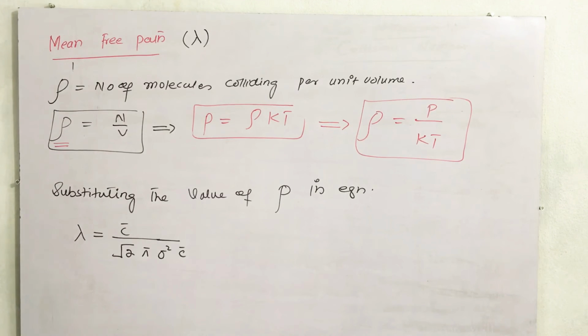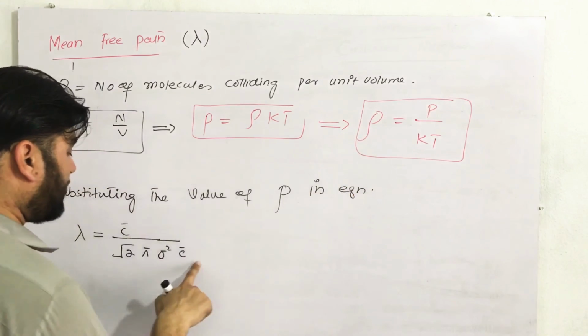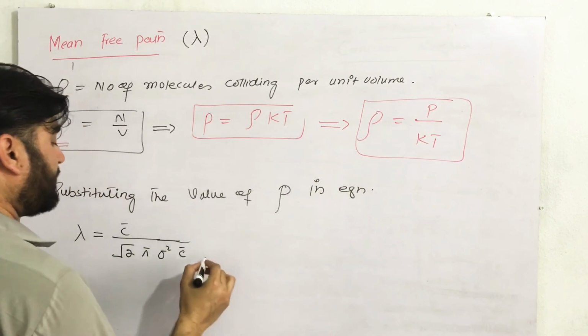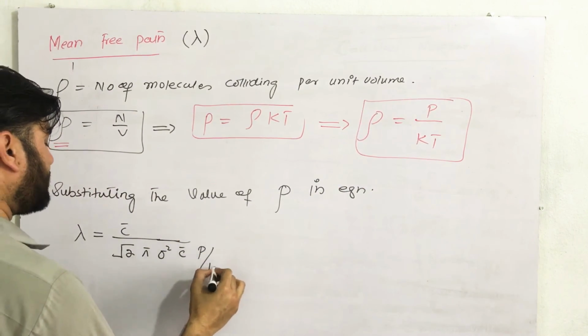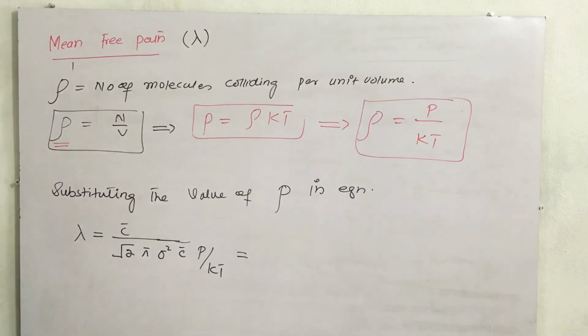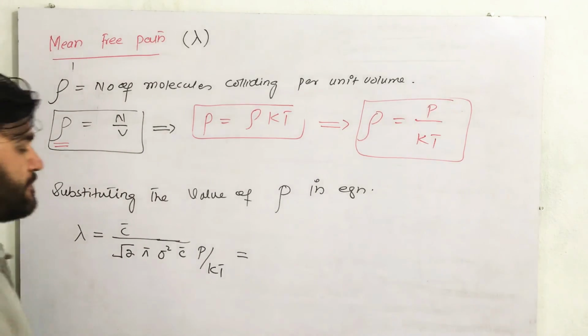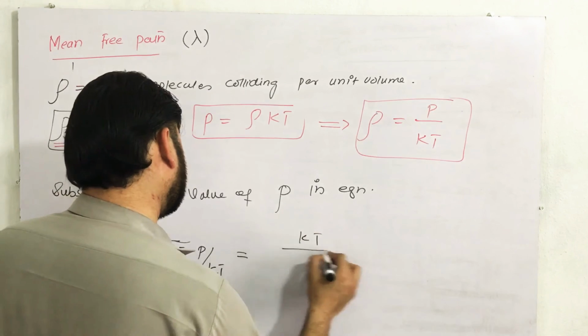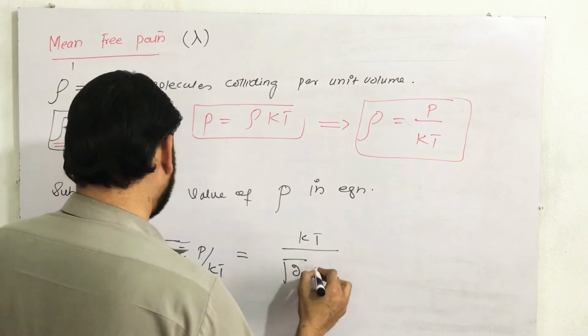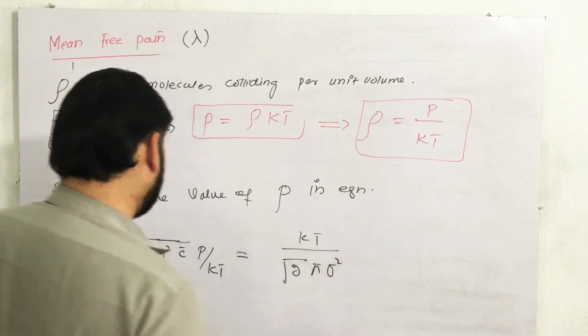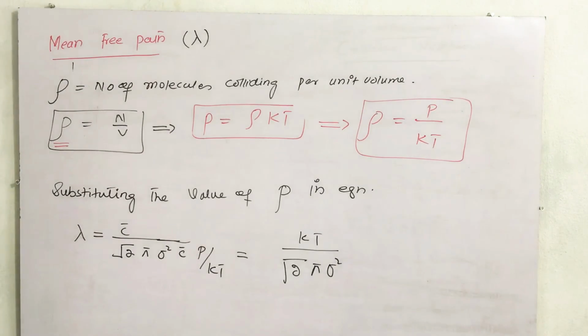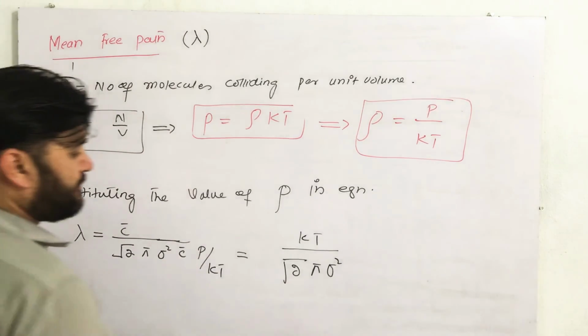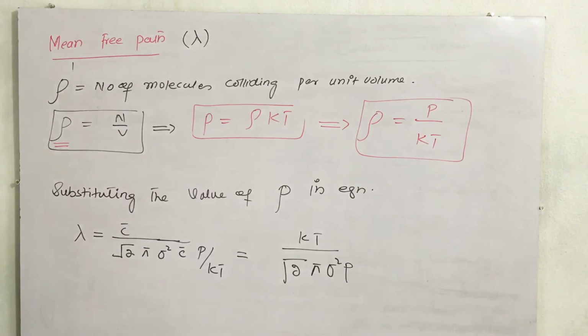In place of rho we can write P by K T. Or simply you can further say that lambda is K T divided by root 2 pi sigma square, and P is there in place of rho K T.